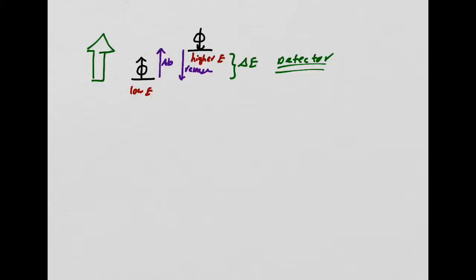And this energy difference is going to be detected by a detector, and it's going to be recorded and measured in hertz. Now, to make sure that you really understand this, I'm actually going to write this down. Okay? So, we're going to have a detector.